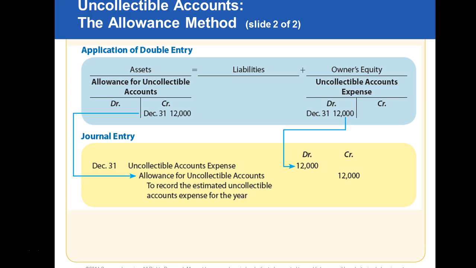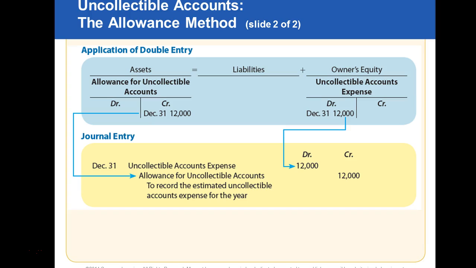So as you see here, $12,000 is what management estimates isn't going to get collected. So in our assets, we are going to reduce, or credit. It's kind of like a contra account, like we've been dealing with with assets and accumulated depreciation. This is going to be similar: we have an asset called accounts receivable, but we're creating an account called allowance for uncollectible accounts.